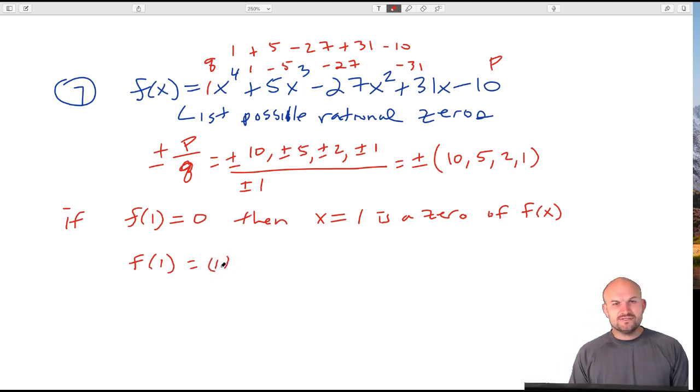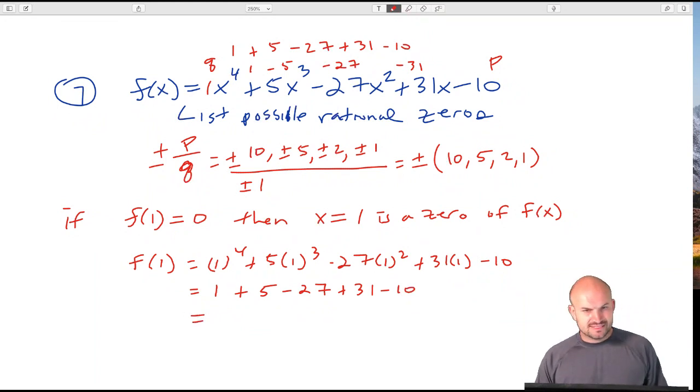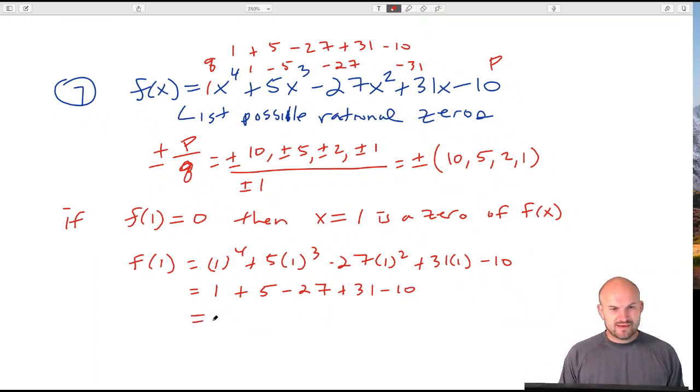F of 1 is 1 to the fourth plus 5 times 1 cubed minus 27 times 1 squared plus 31 times 1 minus 10. Right? So we get 1 plus 5 minus 27 plus 31 minus 10. And that's 37 minus 37. If I'm doing my math right, I'm getting 0. So therefore, now we know this is a 0.